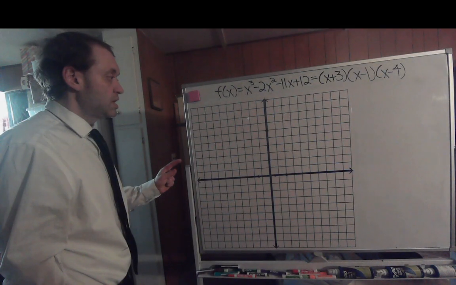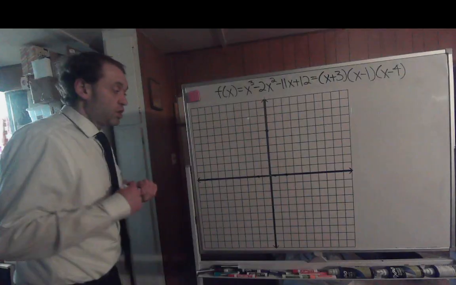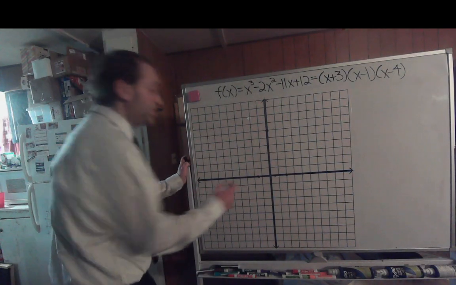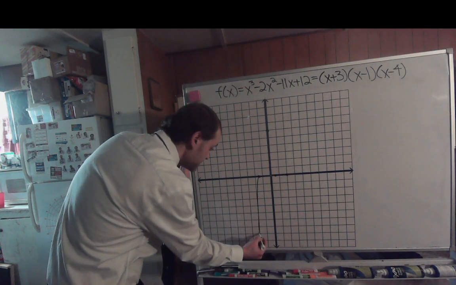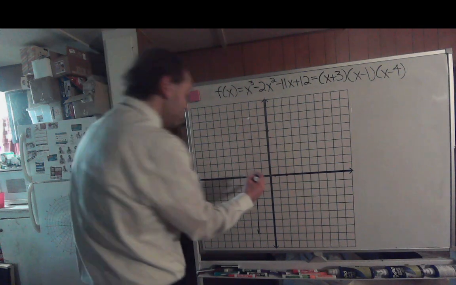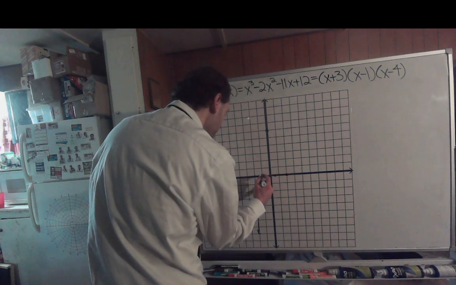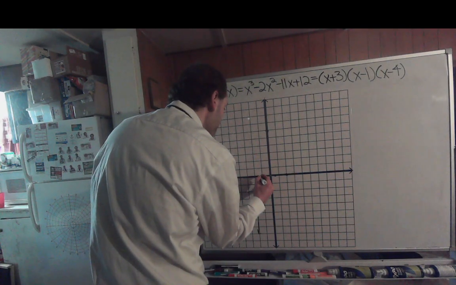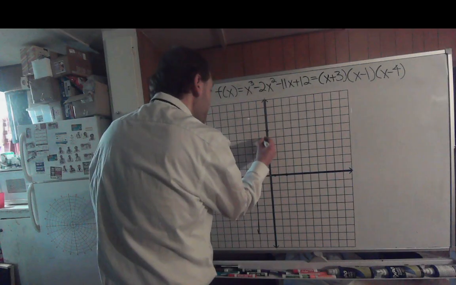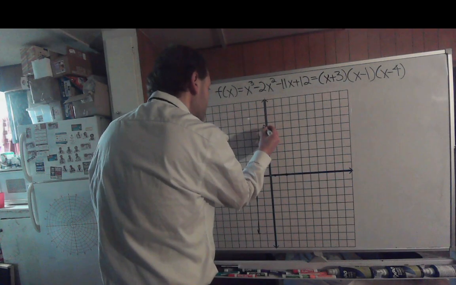So, we will go ahead now and proceed. So it falls to the left, right? We can proceed with that. Now let's go up from here roughly to the y-intercept. There's a turning point.